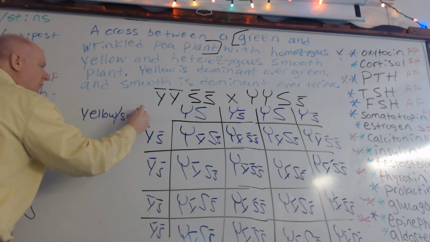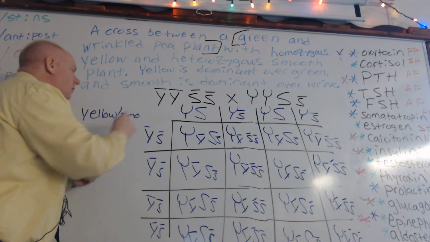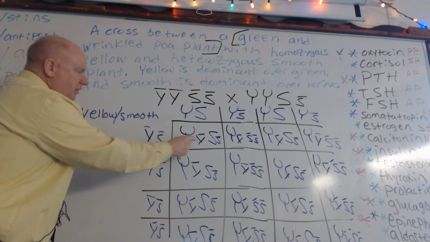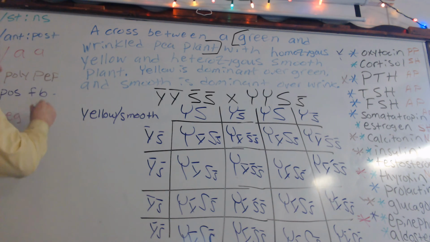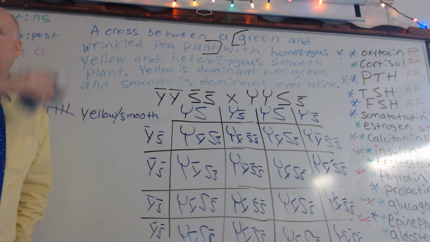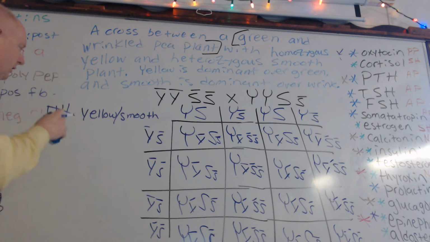How many of them are yellow and smooth? We've got one. You can either just tabulate like this, or you can just count them as well. Which would you rather see? The physical number or the slashes? Physical number.